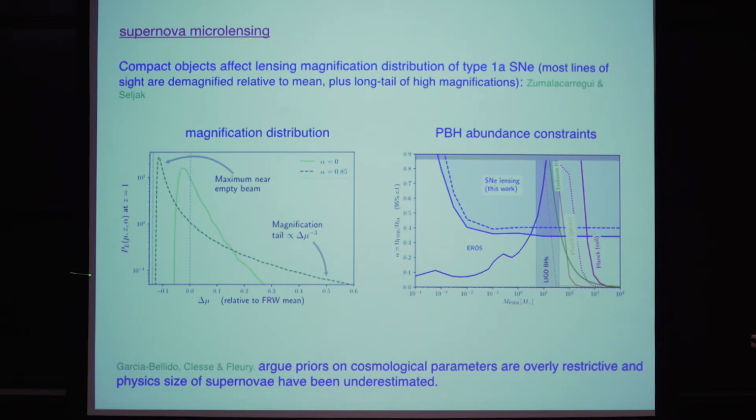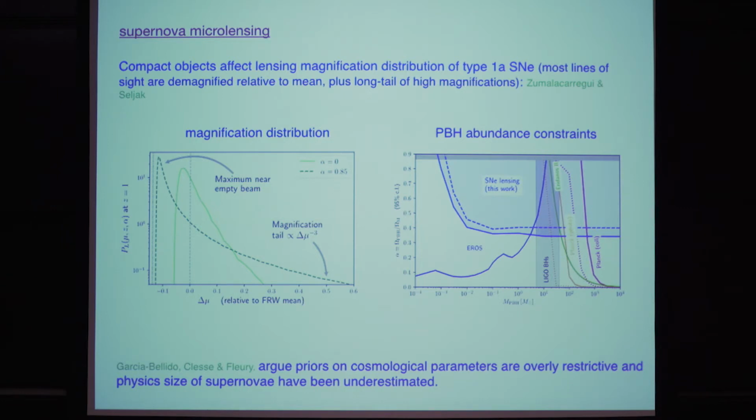The dashed line is for a large fraction of compact dark matter. Most lines of sight end up being demagnified, because there's essentially a lower density of dark matter you're passing through, since it's clumpy. But because it's clumpy, you also get this tail going out to higher magnifications.